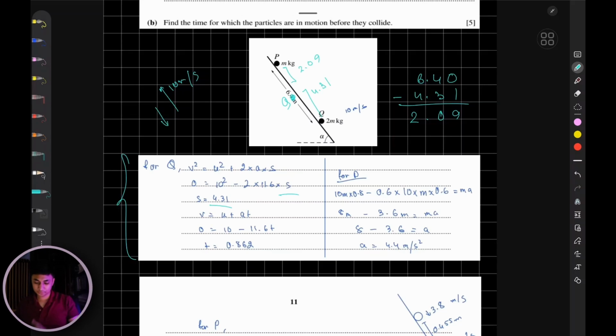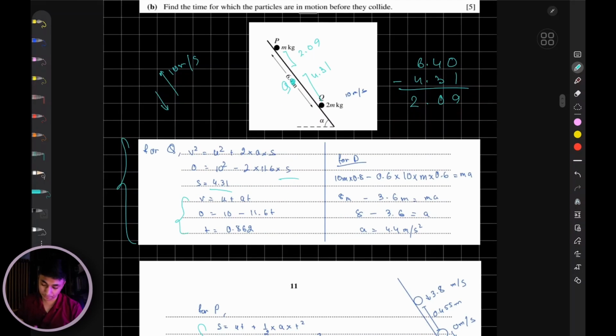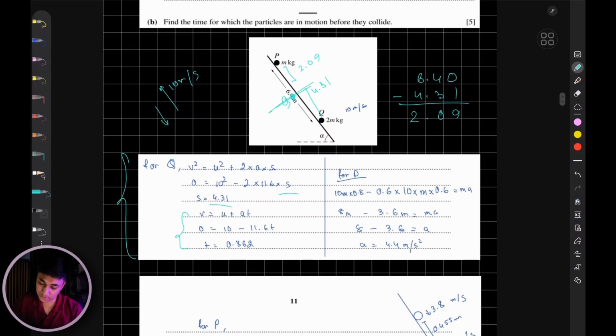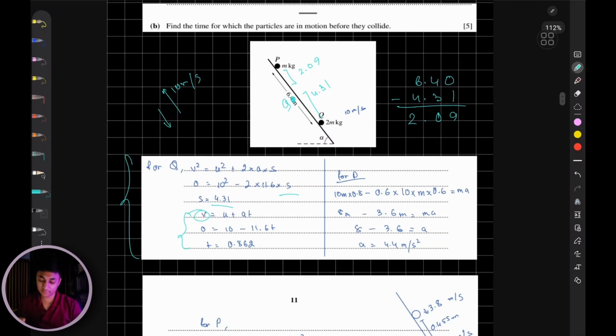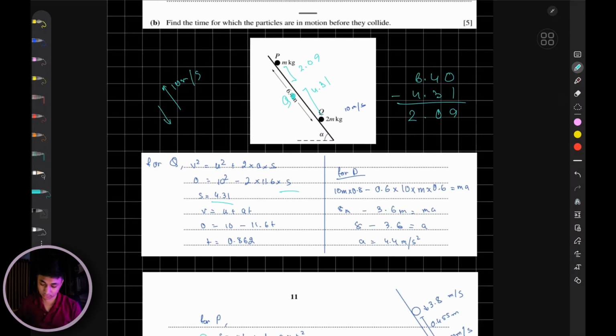Now let's see how long particle Q is going to take to reach this position, that is 4.31 meters above. The final velocity is 0 for Q, the initial velocity is positive, and the acceleration is downwards, and you're going to find out t.